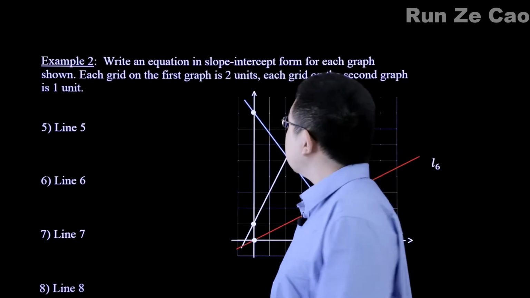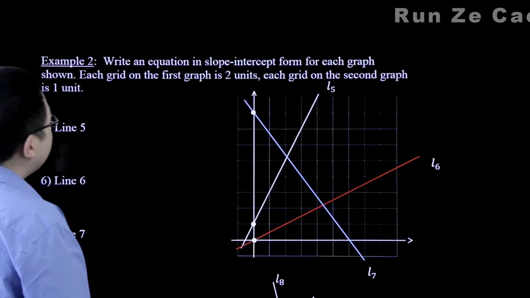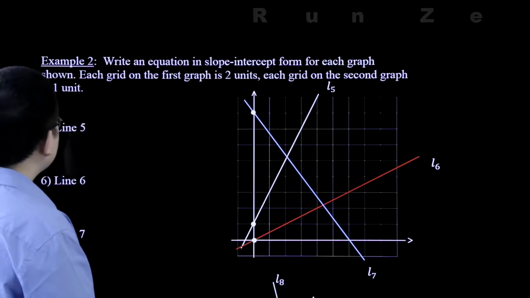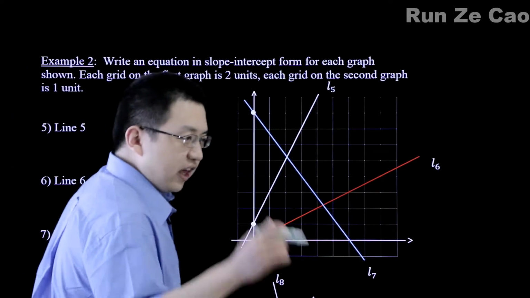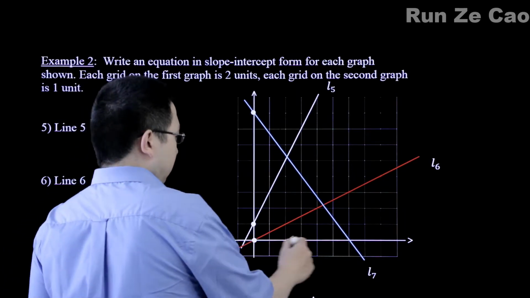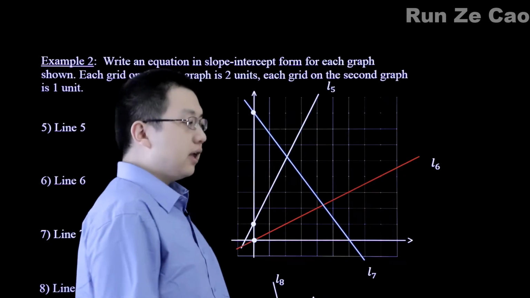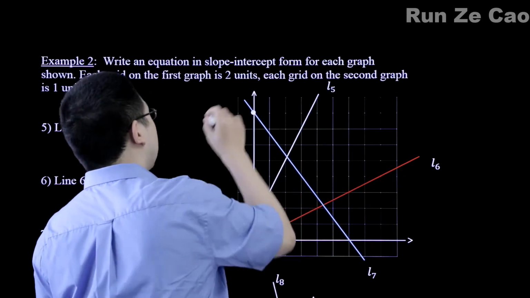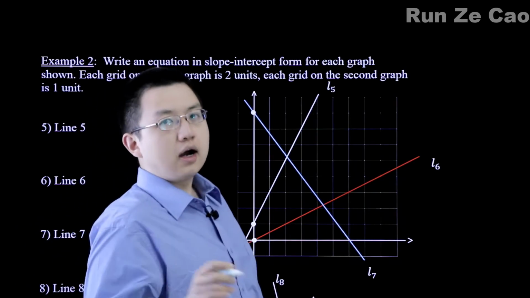So we write an equation in slope-intercept form for each graph shown. Each grid on the first graph is 2 units. Each grid on the second graph is 1 unit. Well, if they don't give you a particular scale, such as 5, 10, and so on, then if the question tells you that each grid is how much, label it right away.